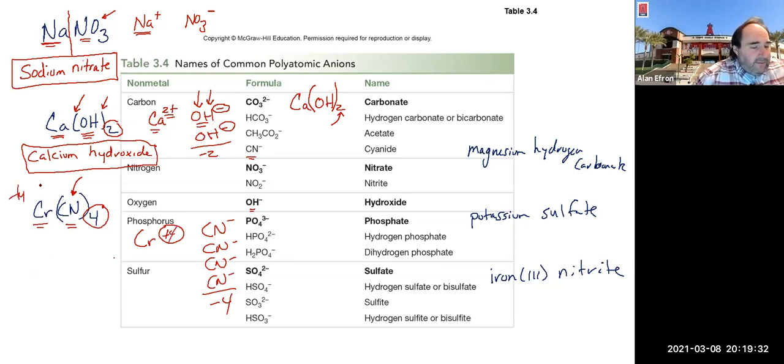Because this is a type 2 metal, we do need a Roman numeral, so it would be chromium(IV) for the charge on the chromium. And just because we have 4 of these, there is no effect on the name. We just use the whole name of the polyatomic ion, which is cyanide.